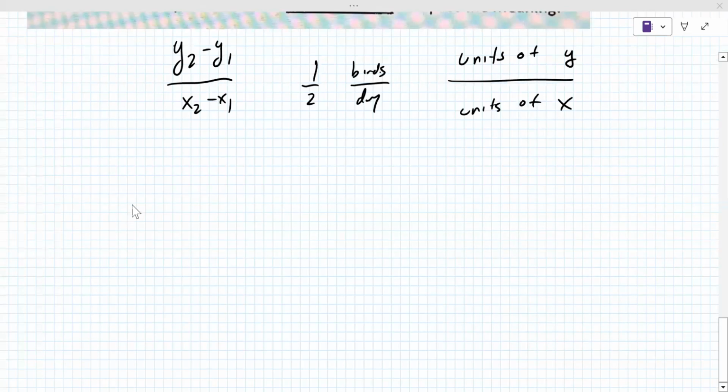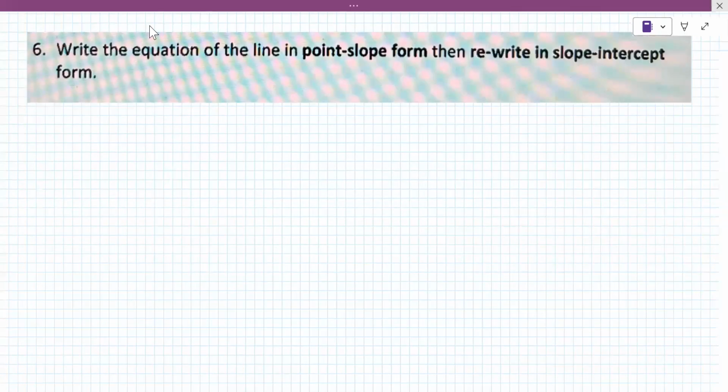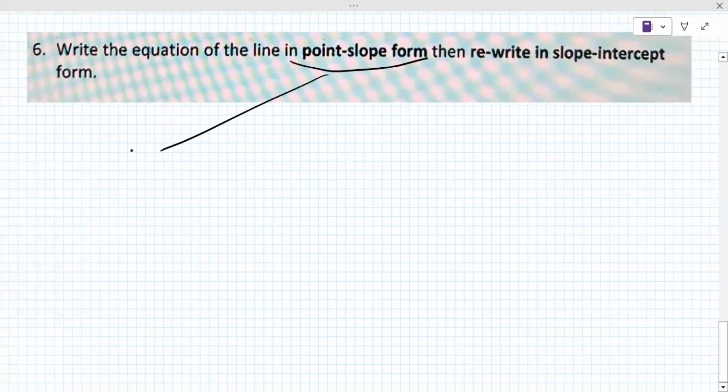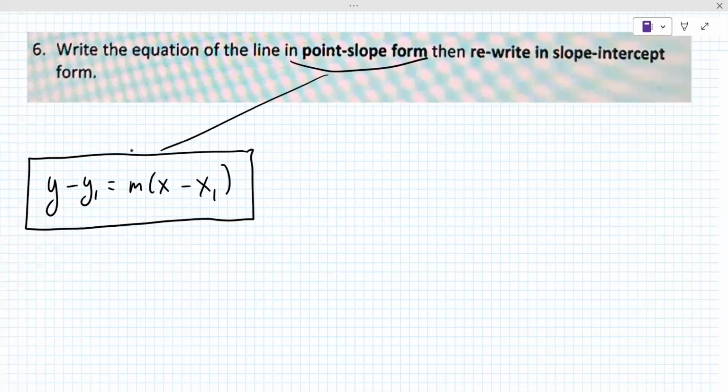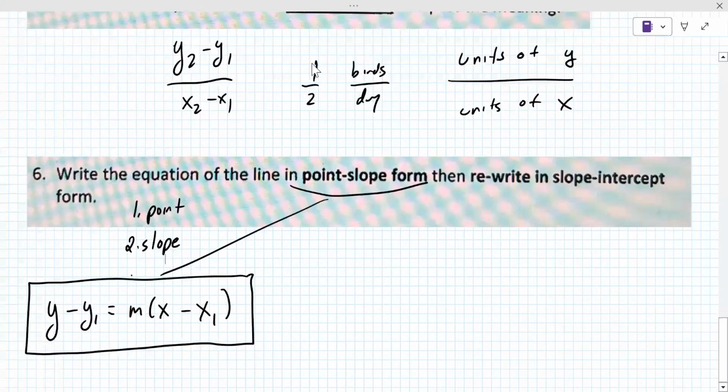So we are now asked to write the equation of the line in point slope form. So point slope form is y minus y1 equals m times x minus x1. Kind of looks like you have to memorize this in preparation for your quiz. The requirements for point slope are a point and a slope, hence the name. You just calculated the slope, 1/2.